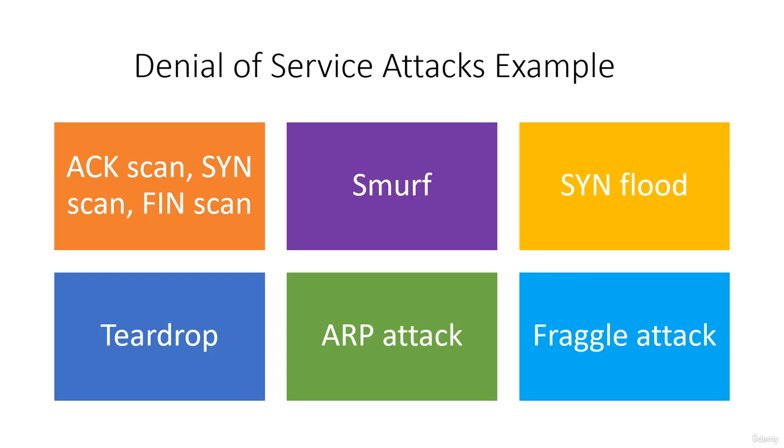The second one is Smurf. In a Smurf attack, the malicious party will target a network whose configuration allows packets to be sent to all devices or hosts on the network at once. This is accomplished by sending ICMP packets to the IP broadcast address of the network, whereby they reach all computers.